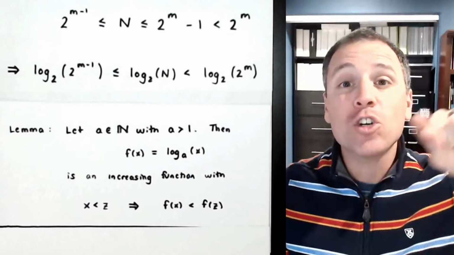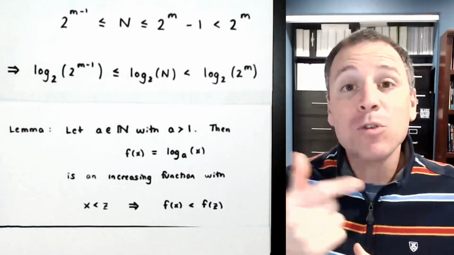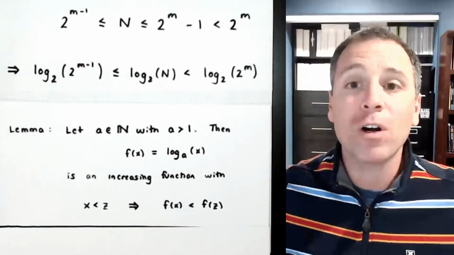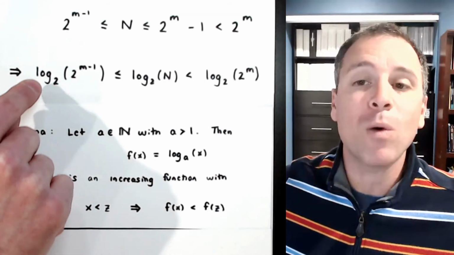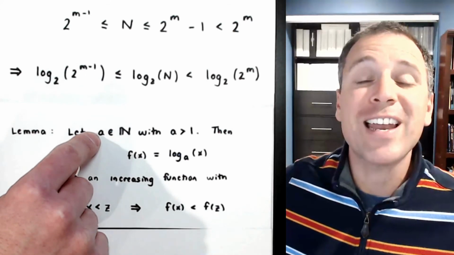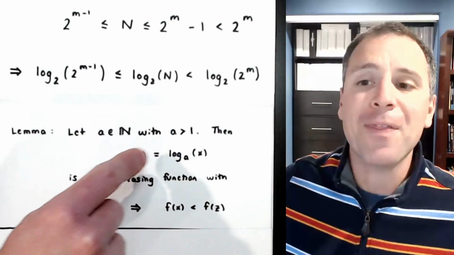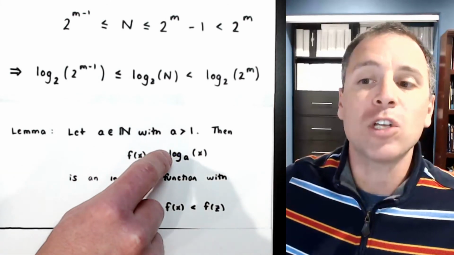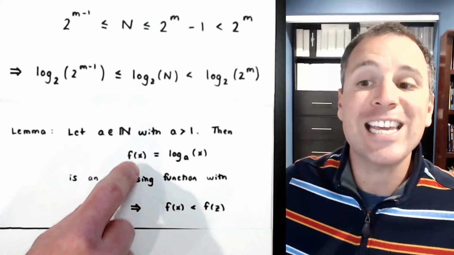And on that domain, it is a monotonically increasing function, which means as I move to the right in my input, my output grows. We can formalize that observation in a lemma, which is like a mini theorem that we use to justify that this math is actually true. To start this lemma, we'll say that a is any positive integer that is bigger than 1, and then we'll look at the function f of x equals log base a of x, and our claim is that that function is increasing.